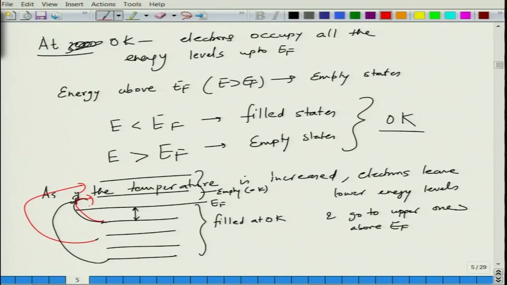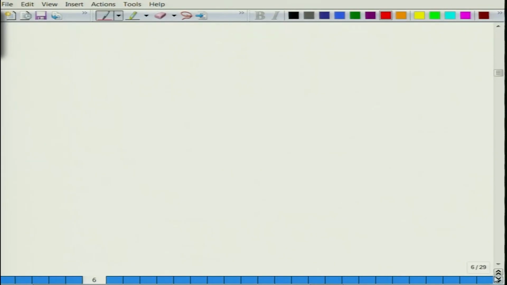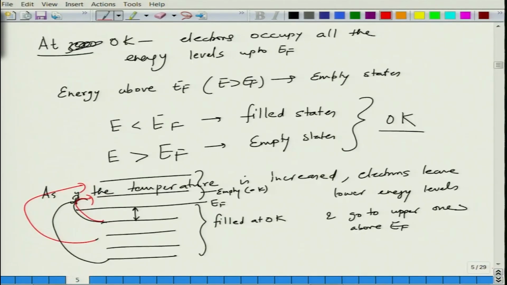to the energy levels above it, which means there is a finite probability of finding an electron in energy levels above EF at a finite temperature.